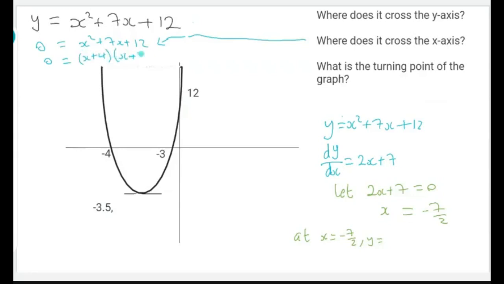Factorizing. Then x equals minus 4 or x equals minus 3. So we got minus 4 and minus 3 for the x-intercepts, and the y-intercept after subbing in x equals 0.